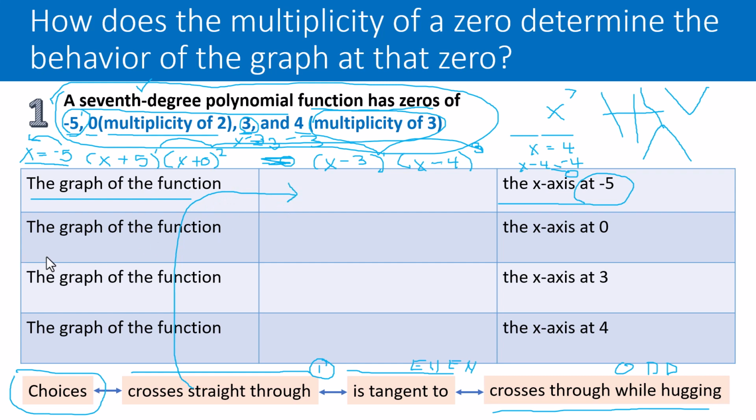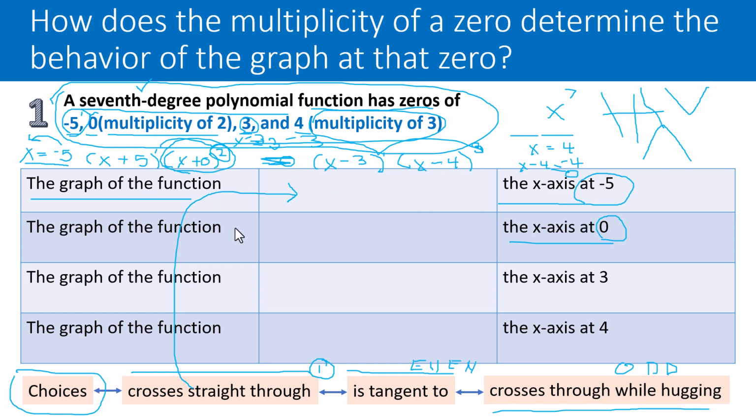All right, now the graph of the function, let's go to the 2nd line, at 0. So what happens at 0? 0 has a multiplicity of 2. In fact, we would drop the 0 and just write x squared. Anytime you see something without plus or minus as a factor, just an x without any constant being added to it, the root's going to be at 0, and then that multiplicity is going to be whatever that exponent is.